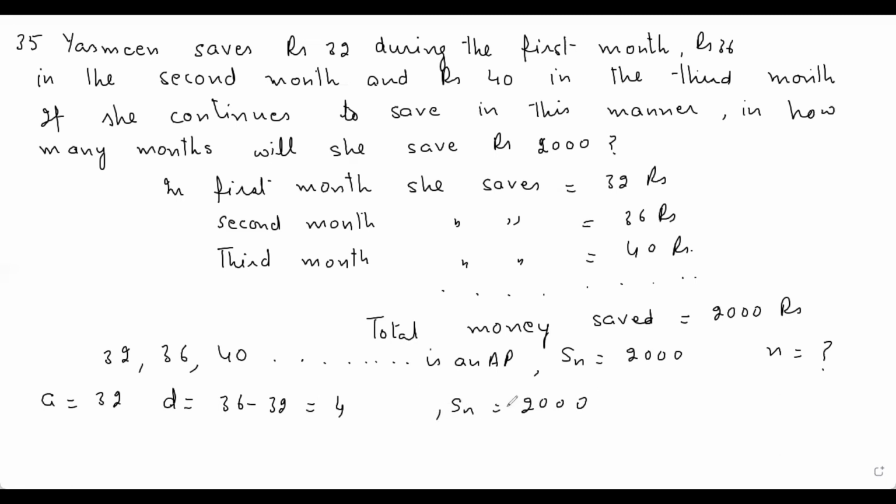Now find N. On the next page, I'm going to write the formula for SN and find the value of N. SN is equal to N by 2, 2A plus N minus 1 D. Here SN is 2000.